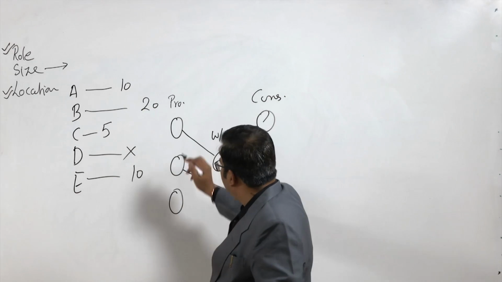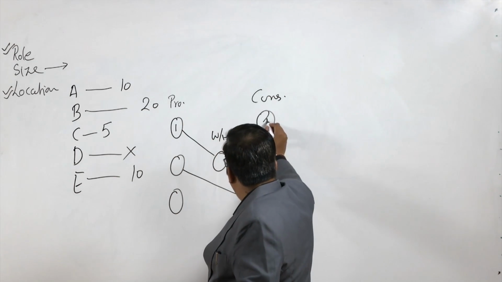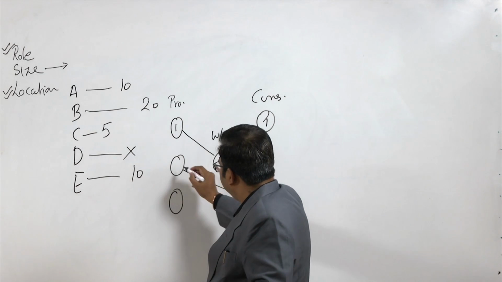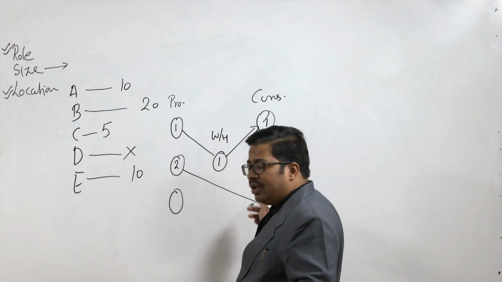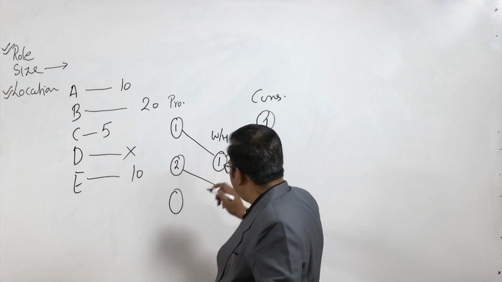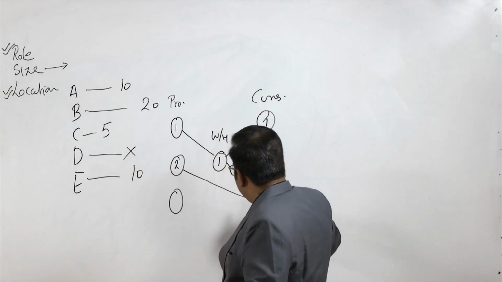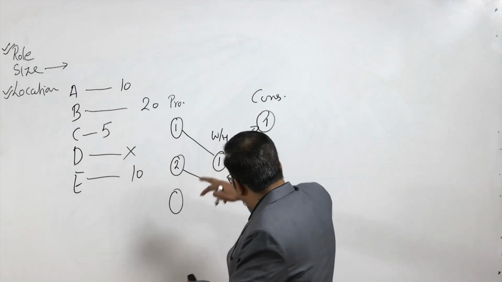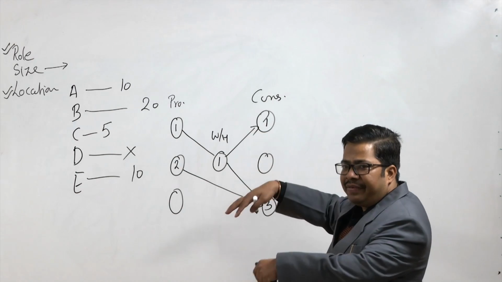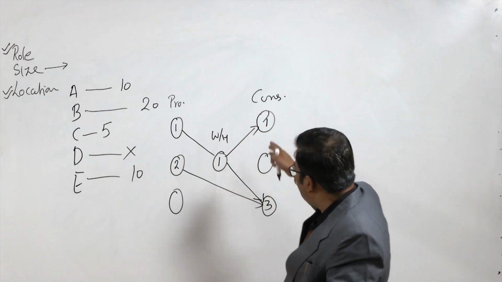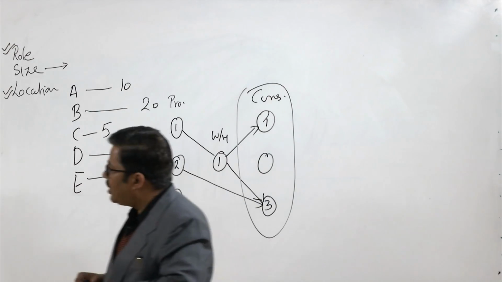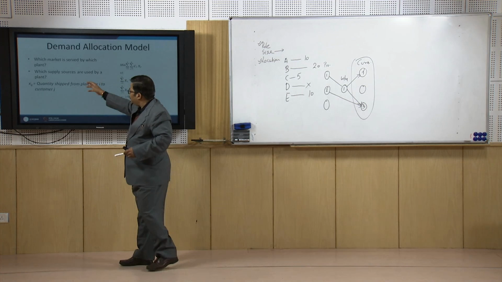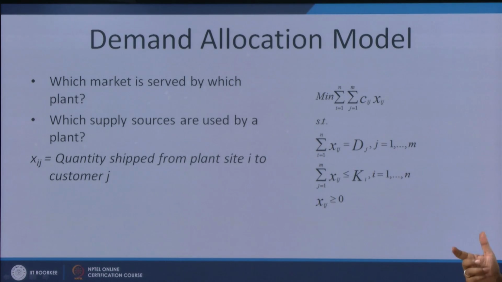So you serve your area number 3 from the second facility and maybe from the warehouse also. The decision of how your different facilities will provide products to the consumer end, the market, is very important. And which supply sources are used by a plant?